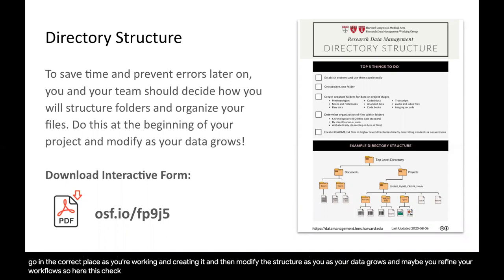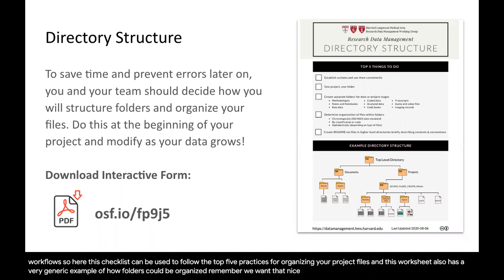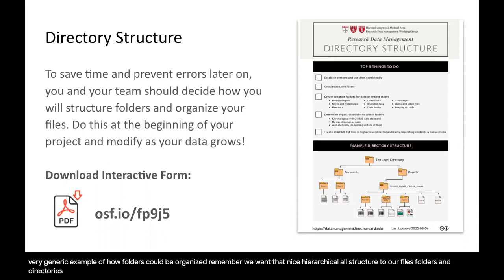This checklist can be used to follow the top 5 practices for organizing your project files. This worksheet also has a very generic example of how folders could be organized. Remember, we want that nice hierarchical structure to our files, folders, and directories.